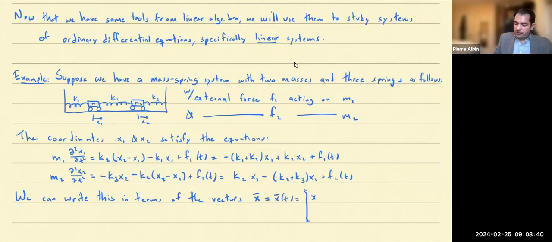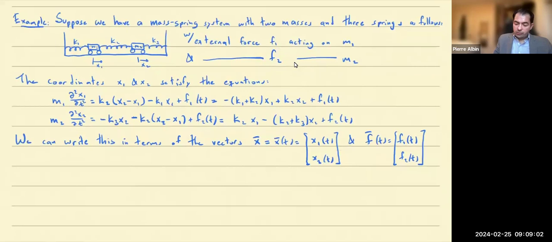This is the vector valued function with first coordinate x1 of t, second coordinate x2 of t. And then a force function in the form of a vector with first coordinate f1 of t, second coordinate f2 of t.